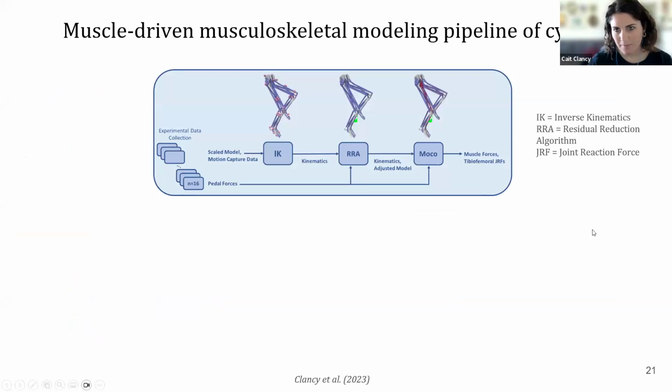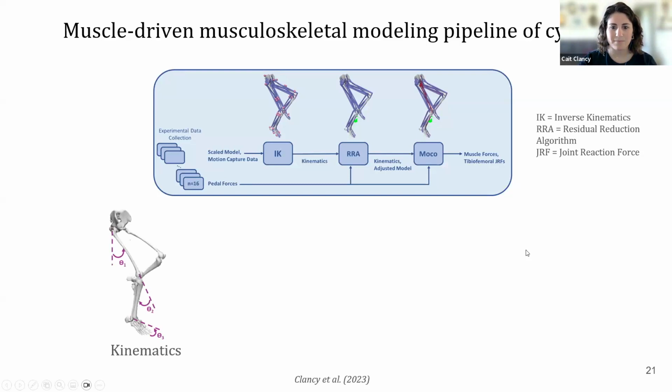As a reminder from the first part of the talk, we shared our three-dimensional muscle-driven musculoskeletal modeling pipeline of cycling. That modeling pipeline started with experimental data collection of 16 participants. For each participant, we created a participant-specific scaled model. Along with motion capture data, we used OpenSim's inverse kinematics to produce kinematics.